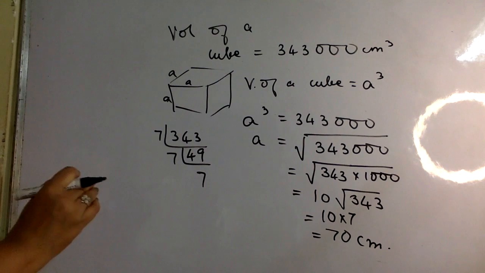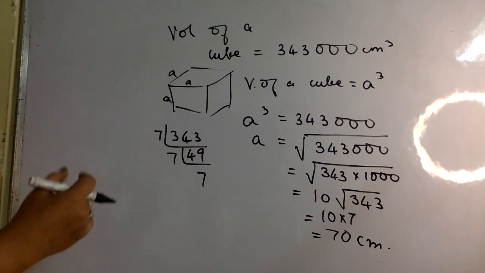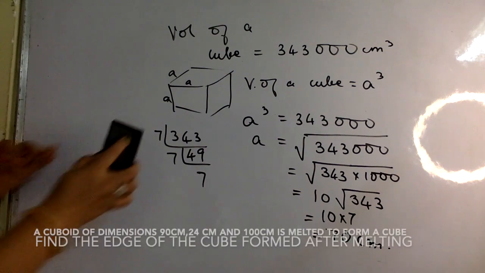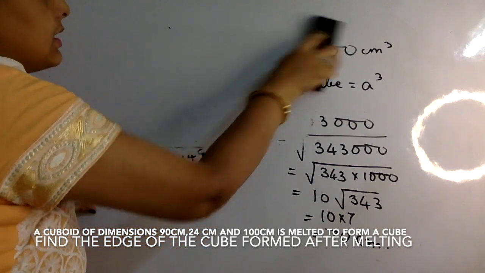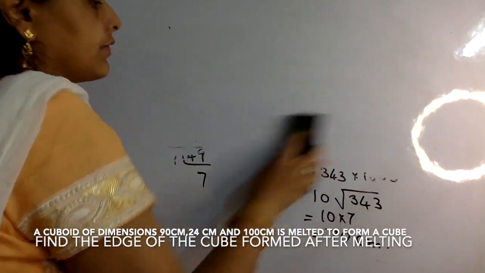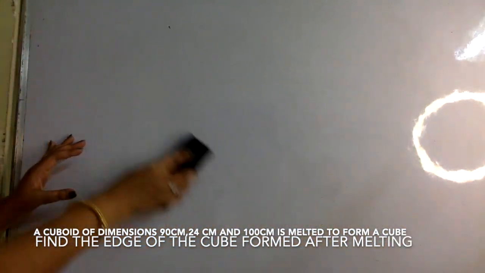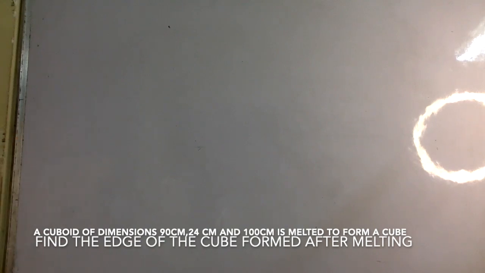Now let's check the other type of question. As you can see, you have a cuboid of dimensions 90, 24 and 100, and it is melted to form a cube. Find the length of the edge of the cube after melting.